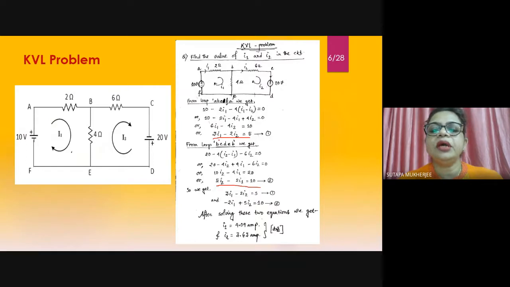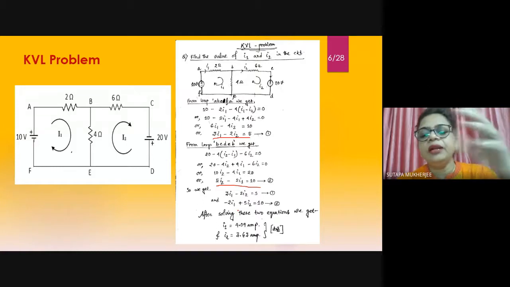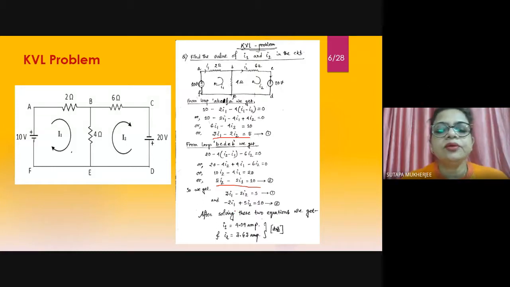First one is 3I1 minus 2I2 equal to 5, and the second one is 5I2 minus 2I1 equal to 10. Then what is the solution of these two equations? You have to find out the value of I1 and I2. Got the value? Anybody?